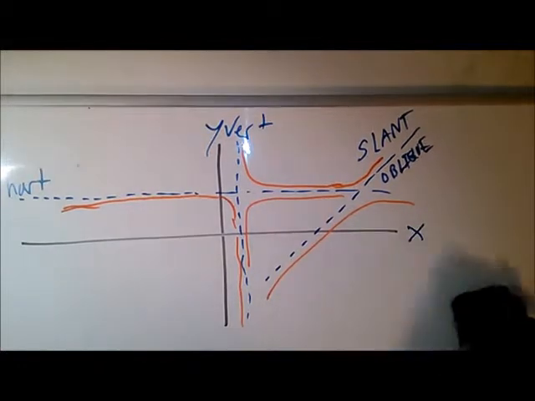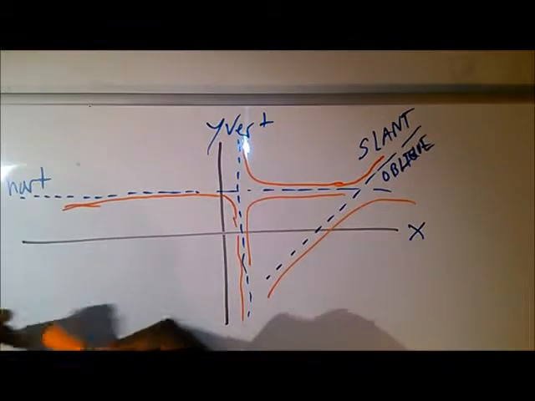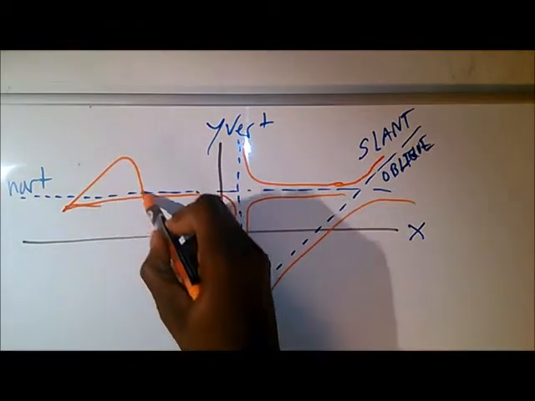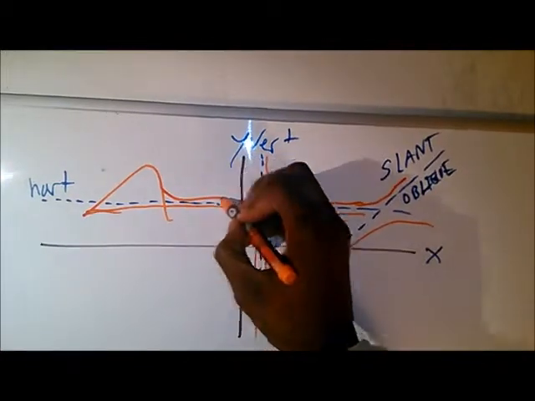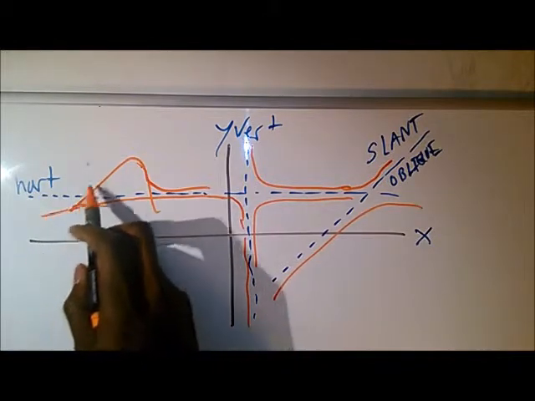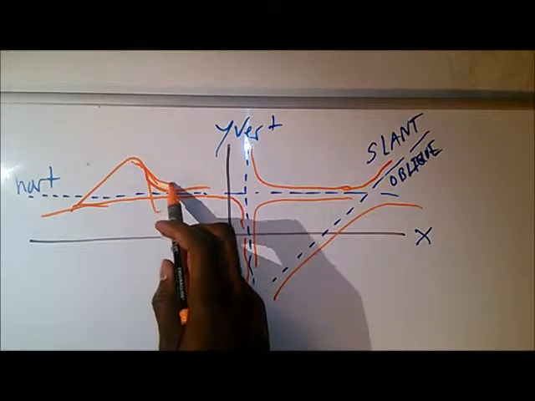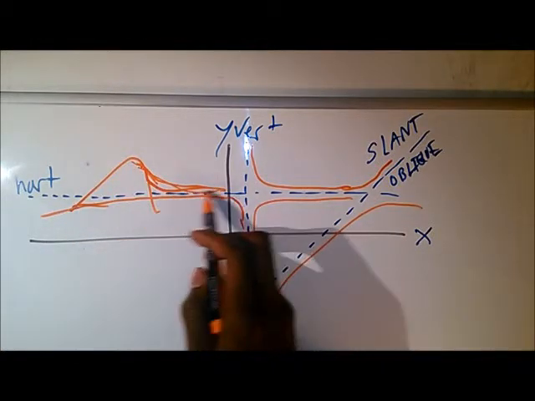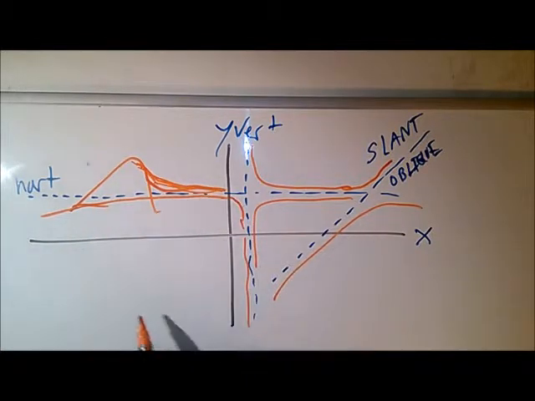Now for horizontal asymptotes, if you're graphing, you can go across the horizontal asymptote. But the further you go away, the function that passes through the asymptote will just hug the asymptote, like this. It won't go past it again.